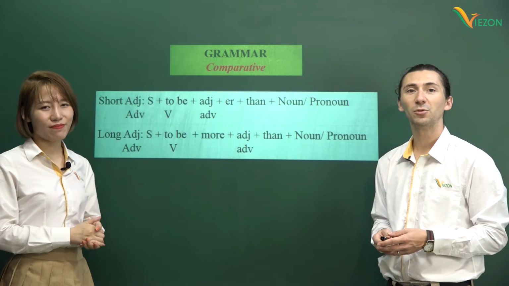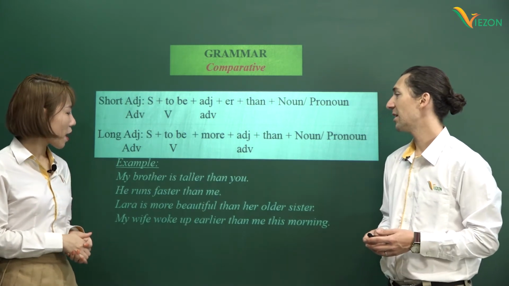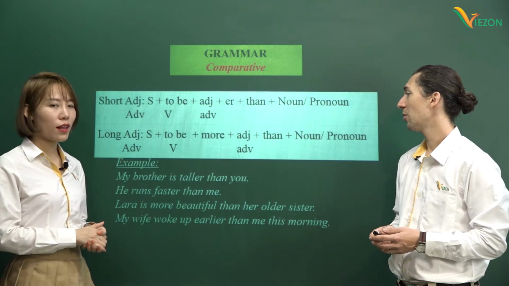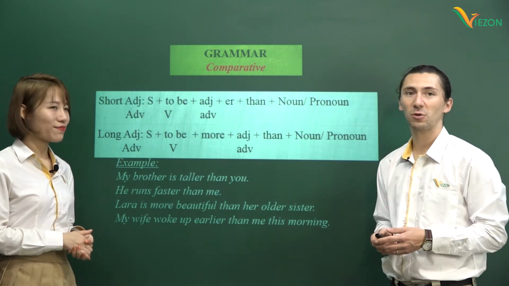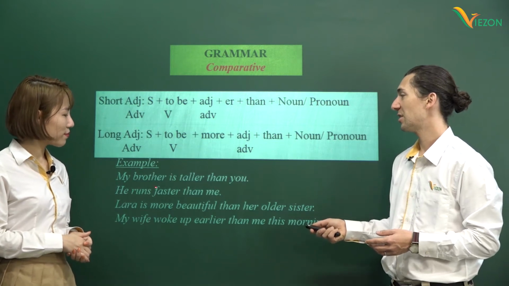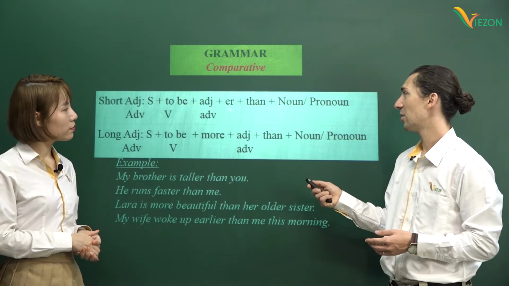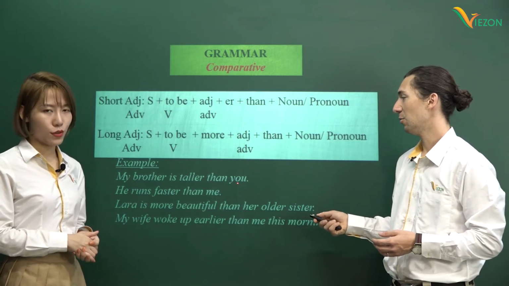All right, so we have a few examples here. The first example we have is my brother is taller than you. All right, so this one we see it's the short adjective form. We have my brother, which is the subject, is taller, which is the adjective plus er, than you.